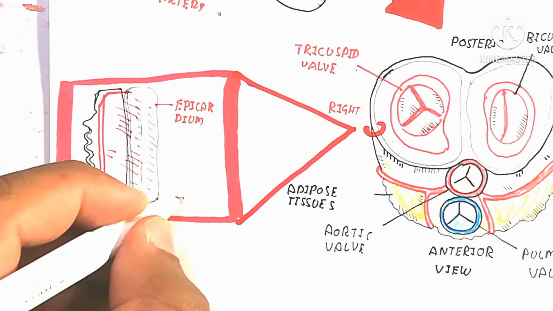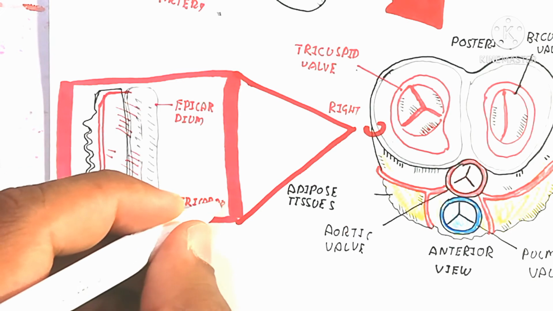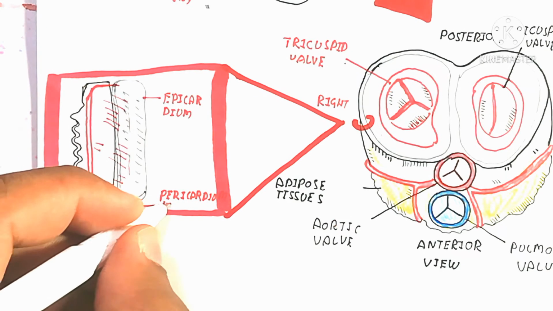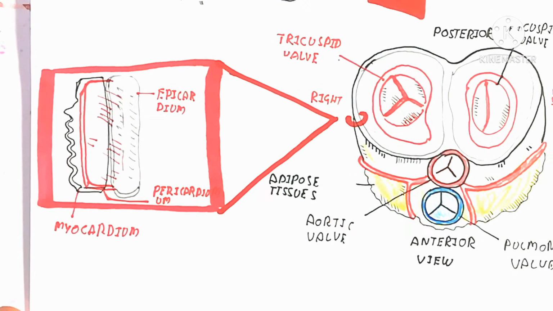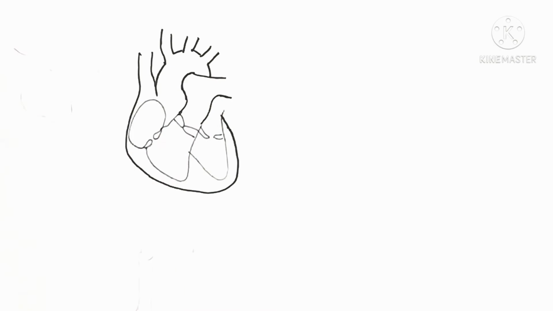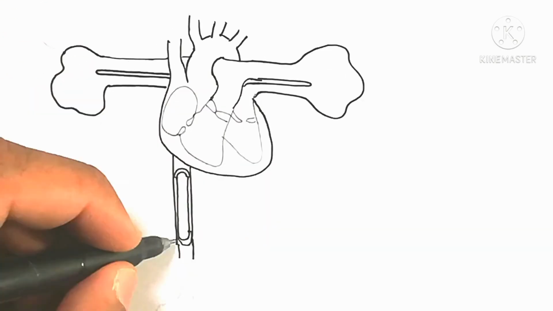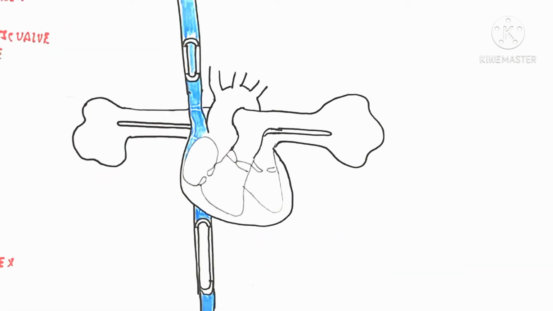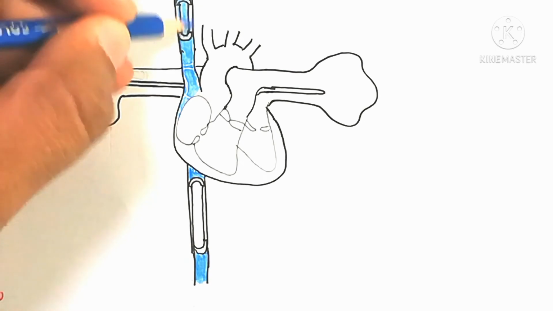Between the epicardium and myocardium is the pericardium. This is a protective layer, and between the myocardium and pericardium there is a fluid filled cavity.